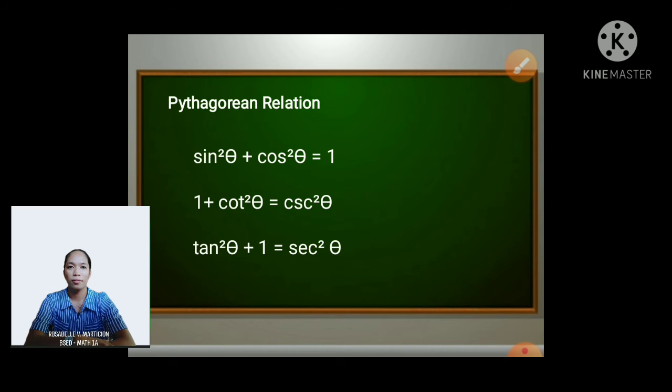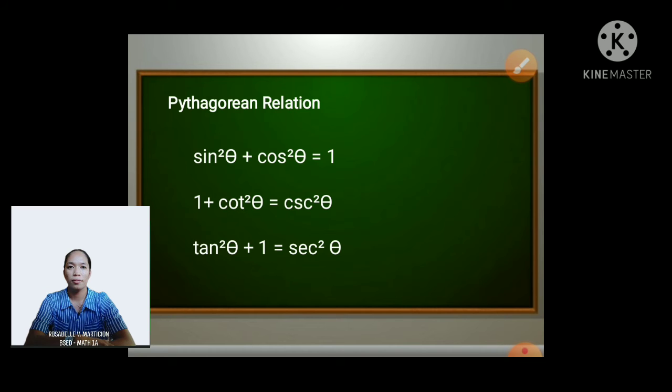The alternative of sine squared theta plus cos squared theta equals 1: sine squared theta is equal to 1 minus cos squared theta, and cos squared theta is equal to 1 minus sine squared theta.